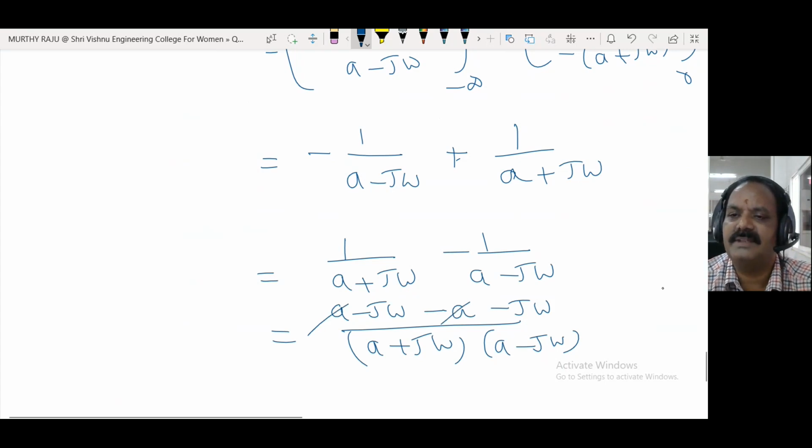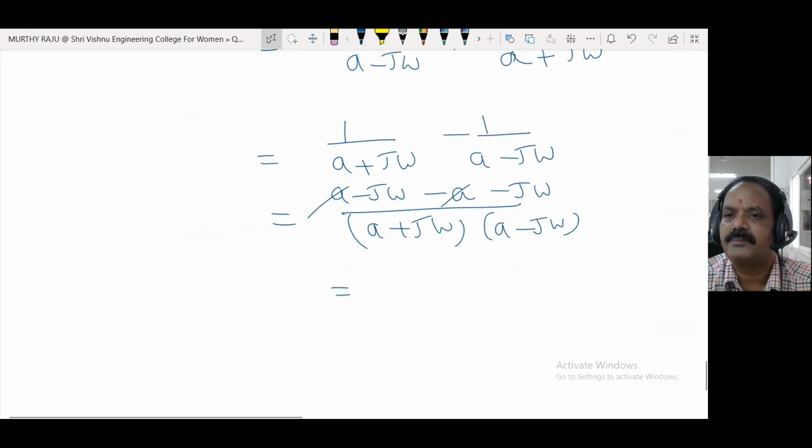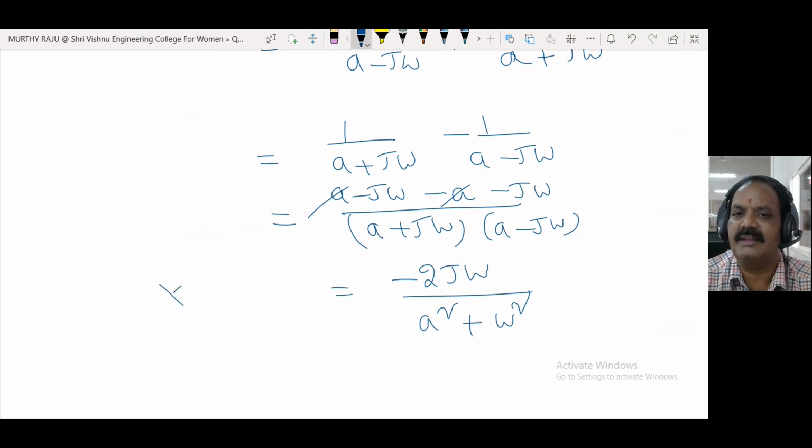A cancels, that is minus 2j omega by a square plus omega square, since a plus jb into a minus jb is a square plus b square. That is the X of omega.